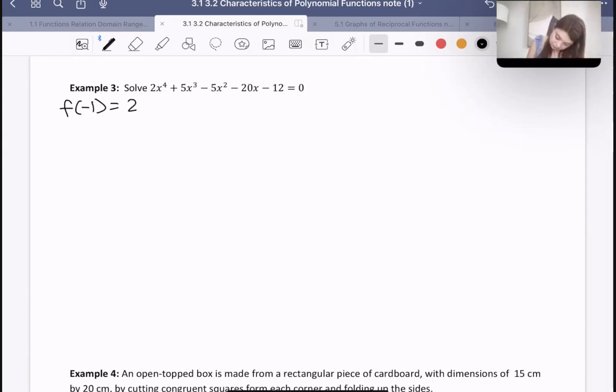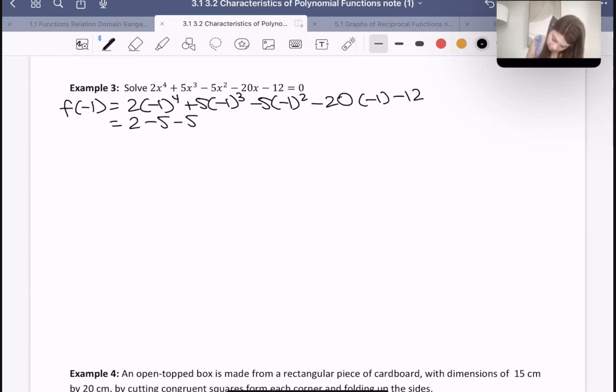We would get 2 times -1 to the power of 4 plus 5 times -1 cubed minus 5 times -1 squared minus 20 times -1 minus 12, which is 2 minus 5 plus 20 minus 12.